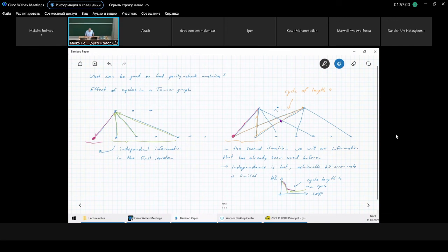So cycles are performance limiting if we talk about these LDPC codes. And this is also the reason why our 7,4 Hamming code will not be a very good LDPC code. Because here, see, we have such a cycle. And if you look at the Tanner graph in more detail, you will find even more cycles of length 4 in this Tanner graph. Yes.